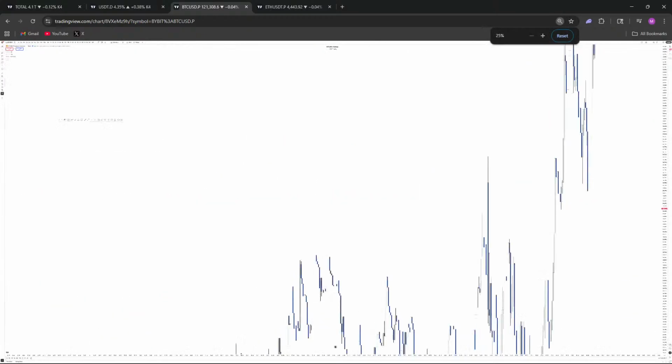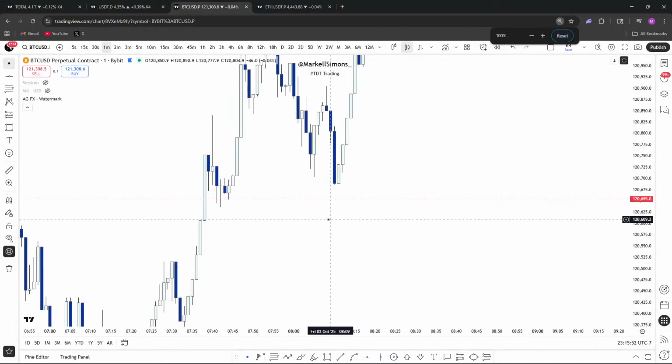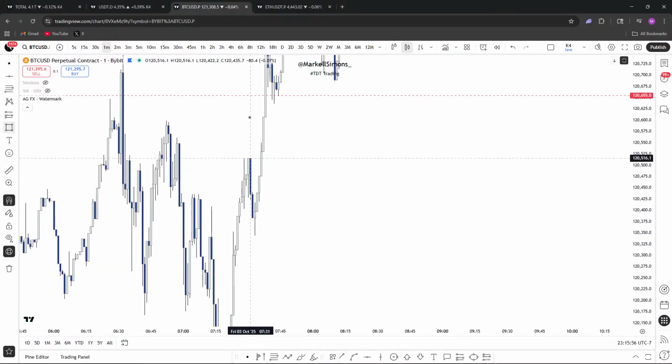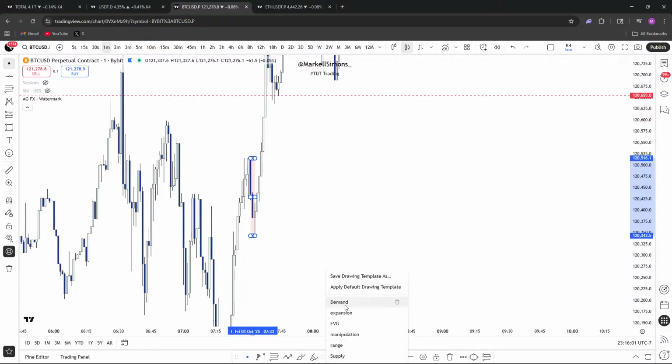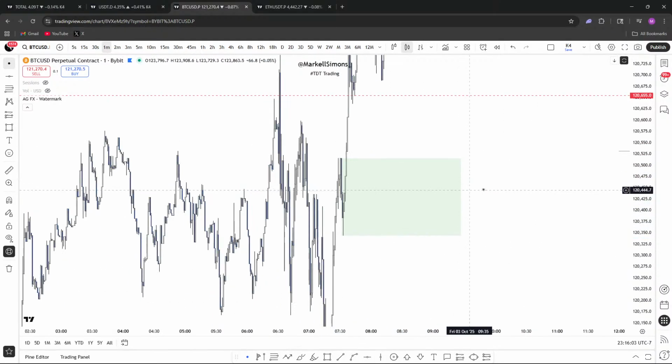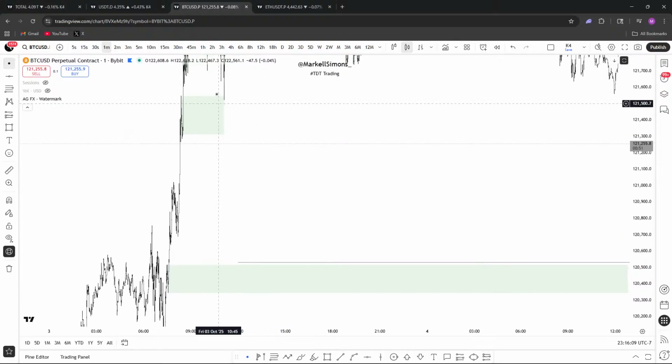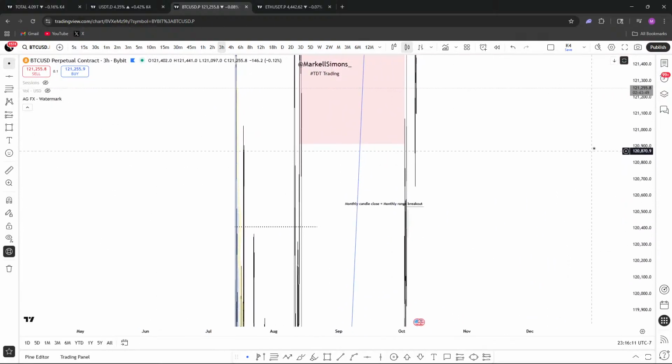So basically, we just grabbed liquidity. Yeah, but we do have some supply below. So this is a nice supply POI we can mark out, because it looked like we're trying to accumulate right now on BTC, to be honest, just from looking at that price action. So this is a nice POI that we can mark out.